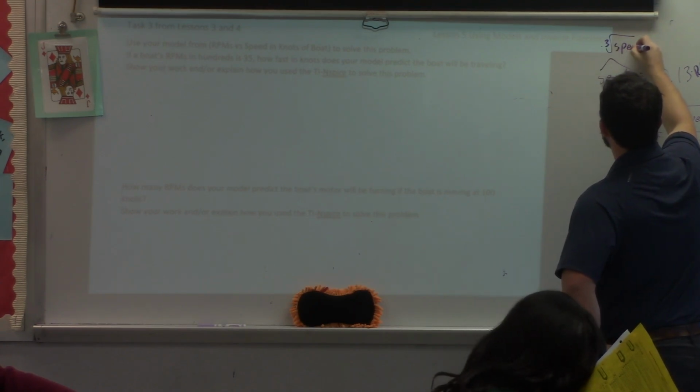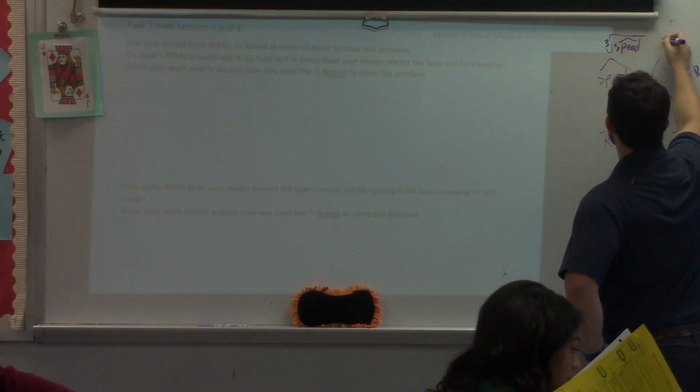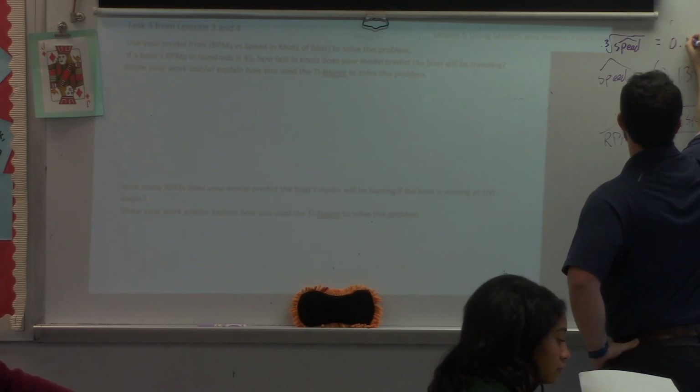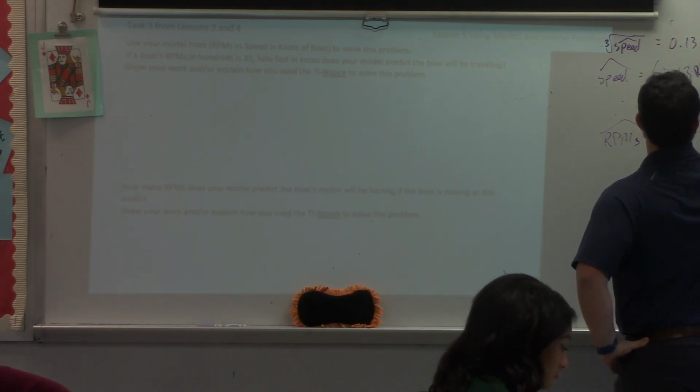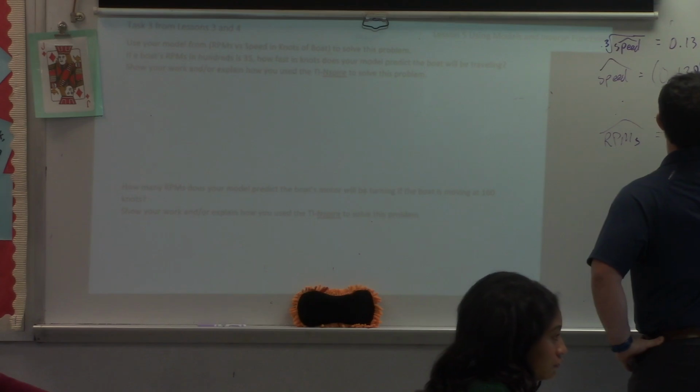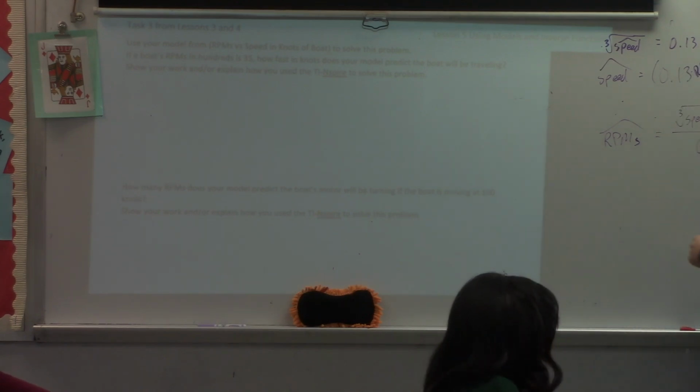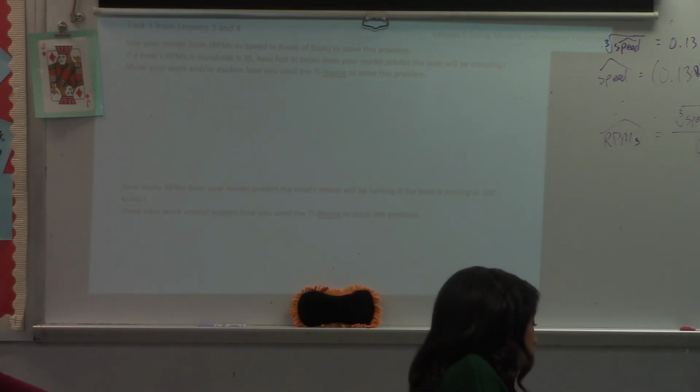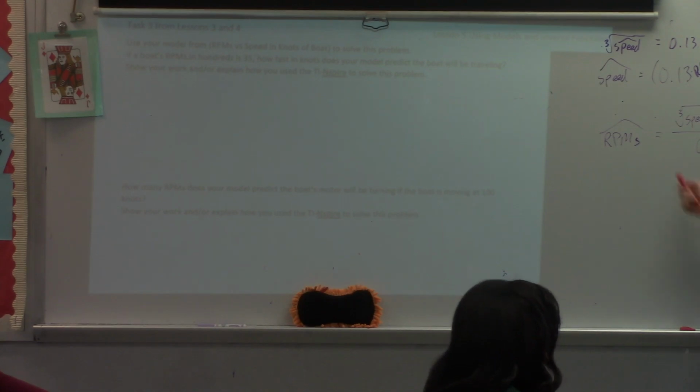Okay, so one, just remember, I took this from the lesson 4 thing, right? But 2, if I want to know the predicted speed, what do I need to do to this equation to get the predicted speed? Cube it, right?